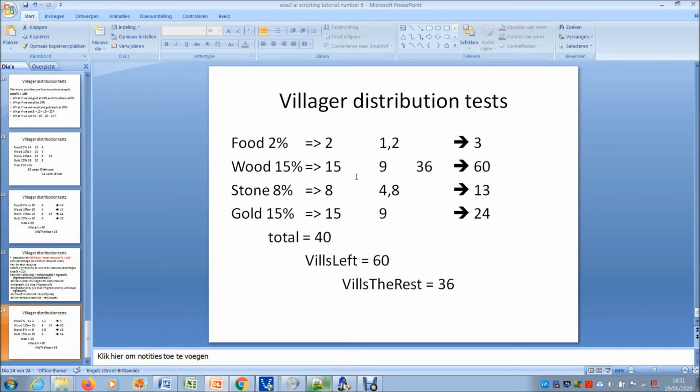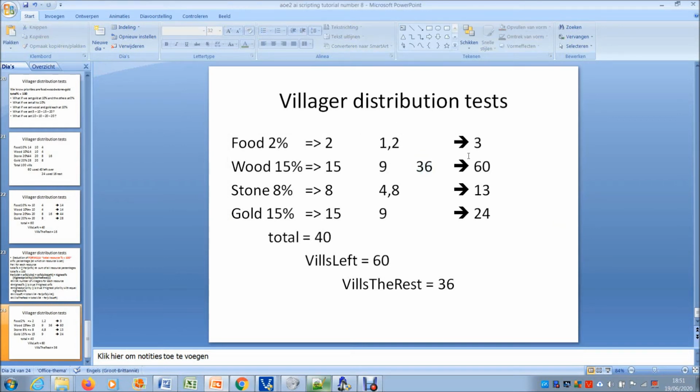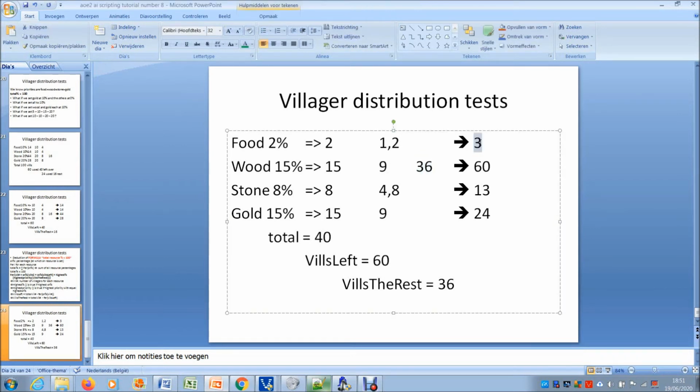We expect that wood would get this last bonus number of villagers, meaning what we are expecting is food 3 villagers, wood 60, stone 13, and gold 24. It might differ a villager because of these roundings. I'm expecting 1.2 is 1 and 4.8 is 5.